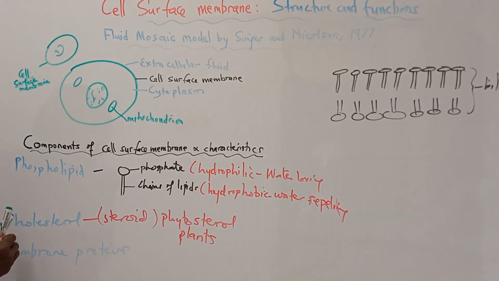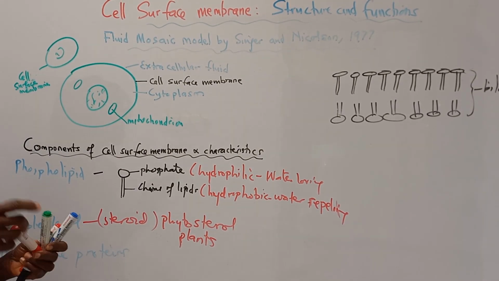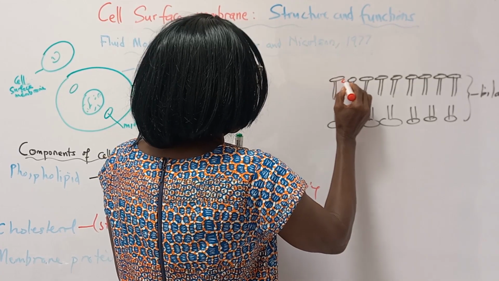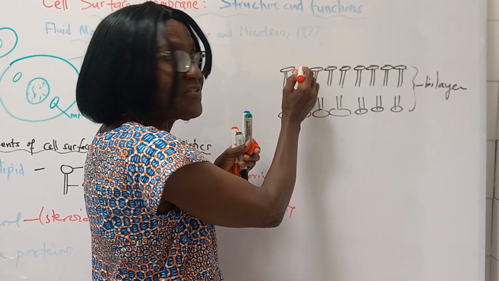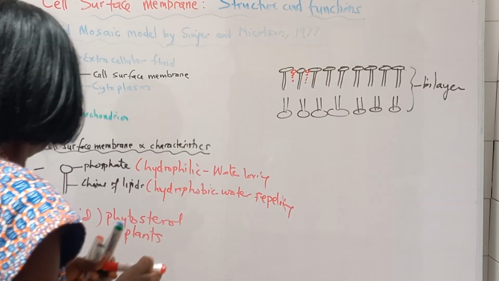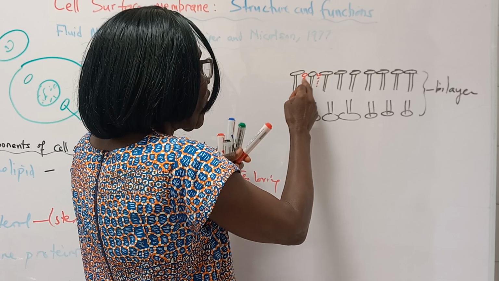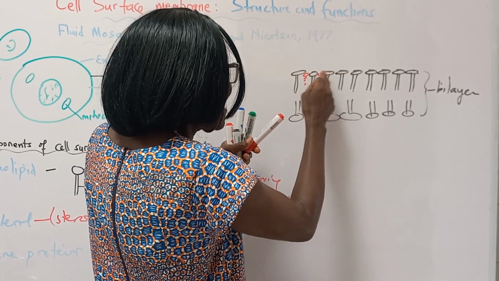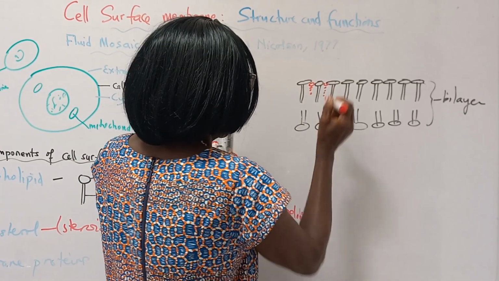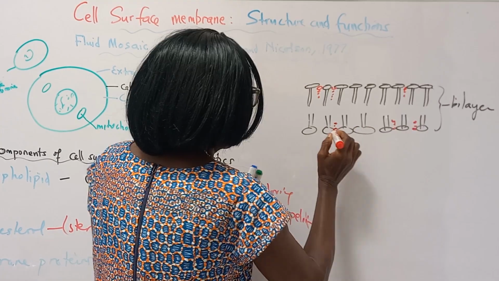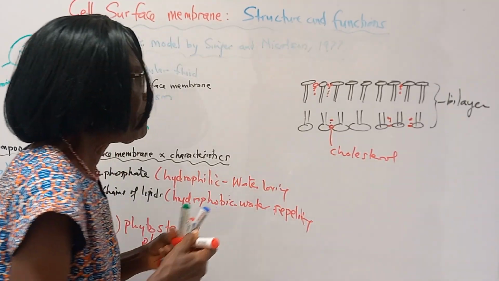The cholesterol has its polar hydroxyl end very close to the polar phosphate. You see, the phosphate is hydrophilic, and the polar hydroxyl end of cholesterol is lined up at the polar ends. So this is cholesterol. We can also have some cholesterol in here. So we have cholesterol in the membrane.